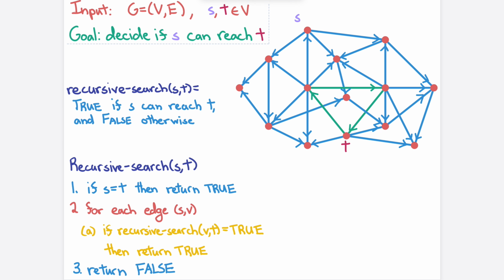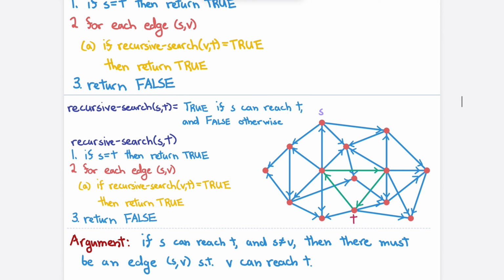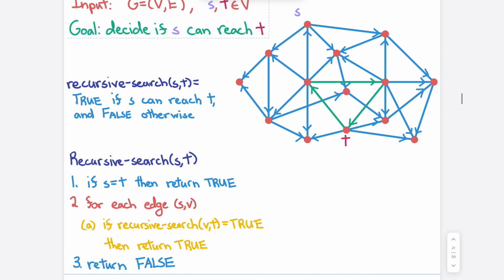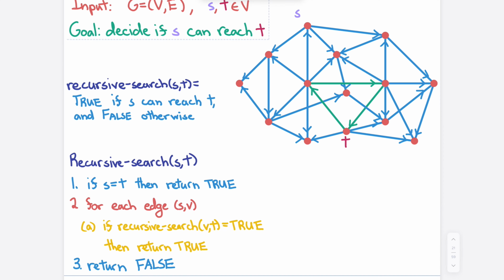Now, if I was going to argue this algorithm worked, why would it work? What's the natural line of thinking? Yeah.